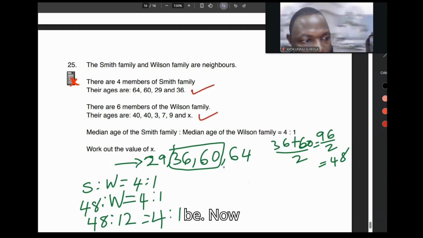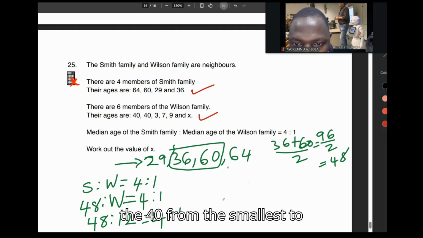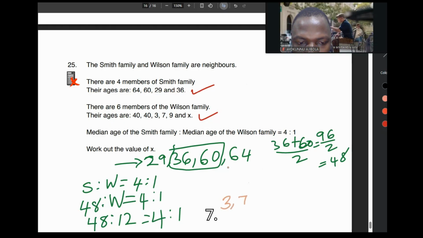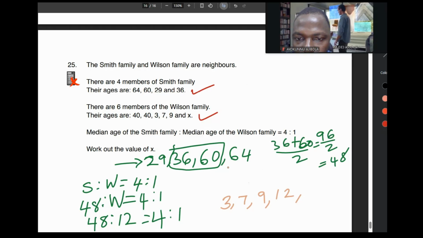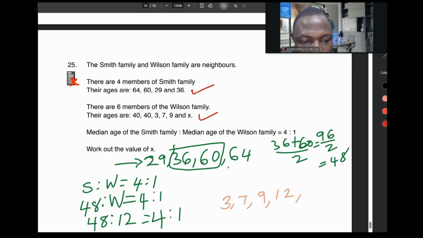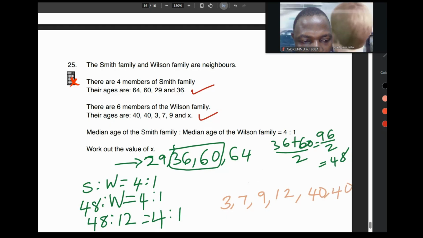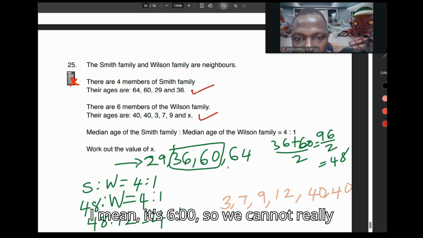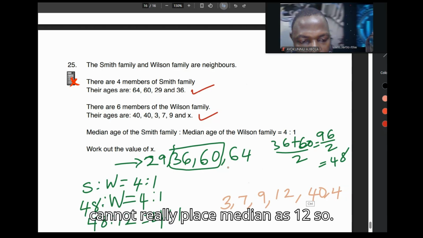So that'll be from the smallest to the biggest: 3, 7, 9, 12, 40, and 40. Or let me see. I mean, it's 6 numbers, so we cannot really place the median there. We cannot really place the median as 12.